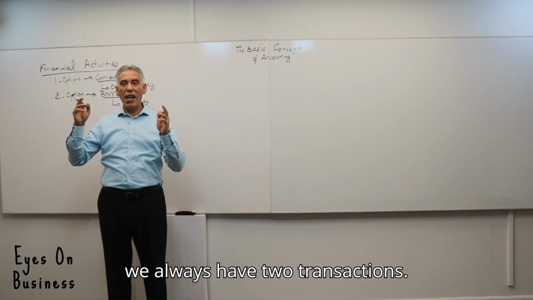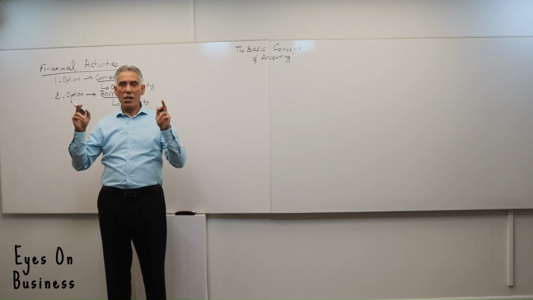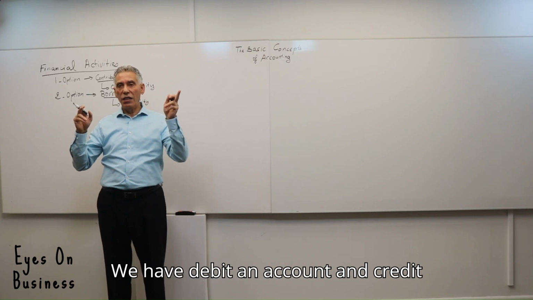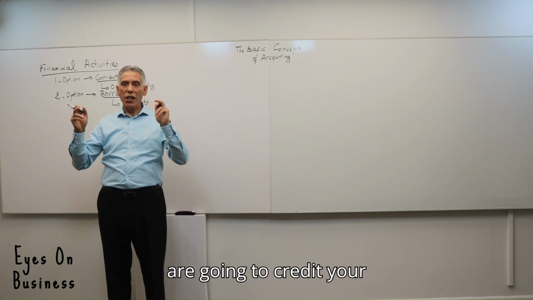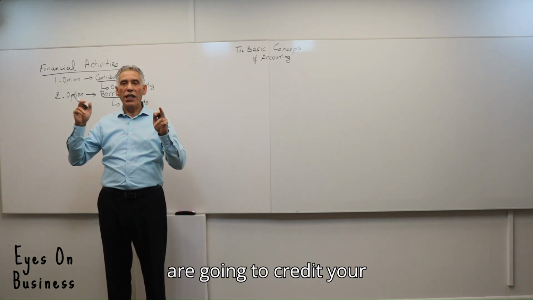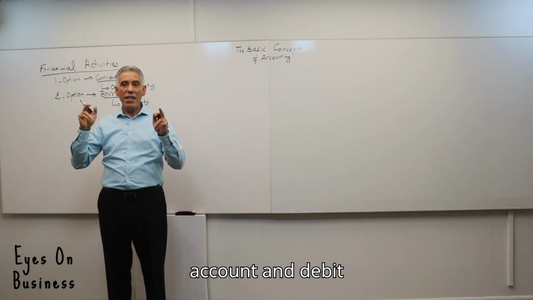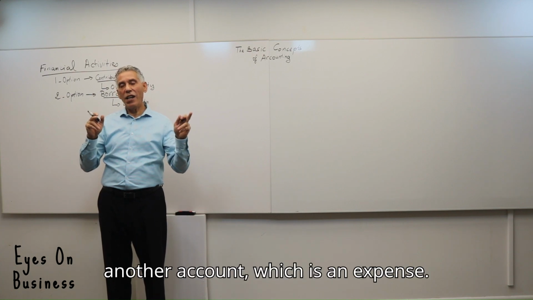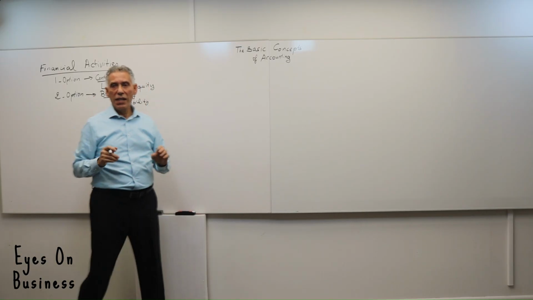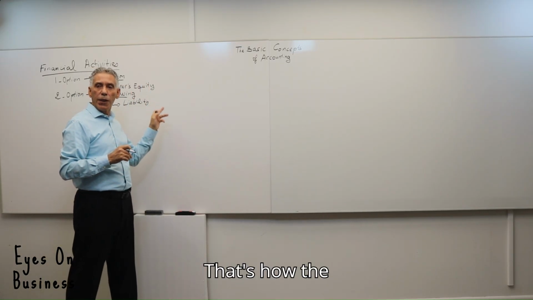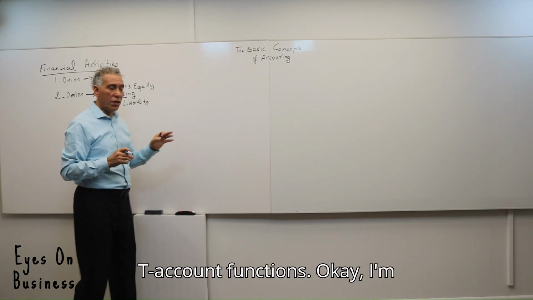So we always have two transactions. We have debit an account and credit an account. If you buy, you are going to credit your account and debit another account which is expense. Okay, so two accounts, debit and credit. That's how the T account functions.